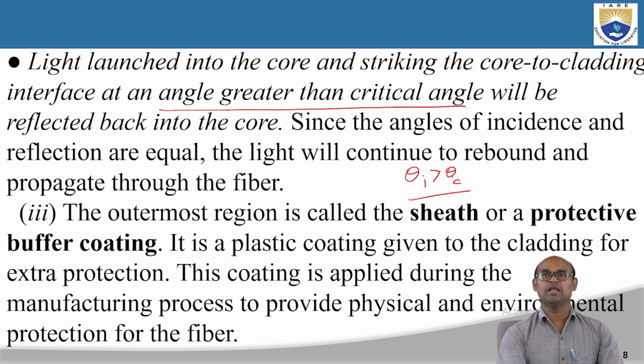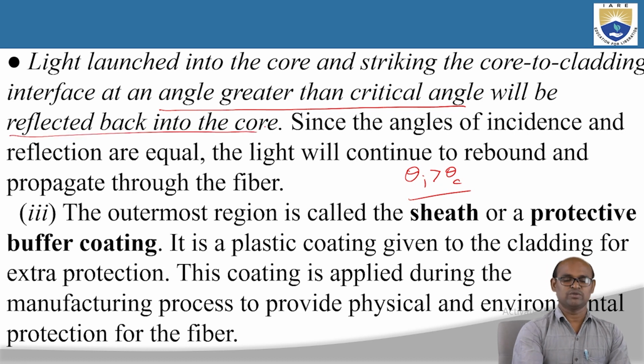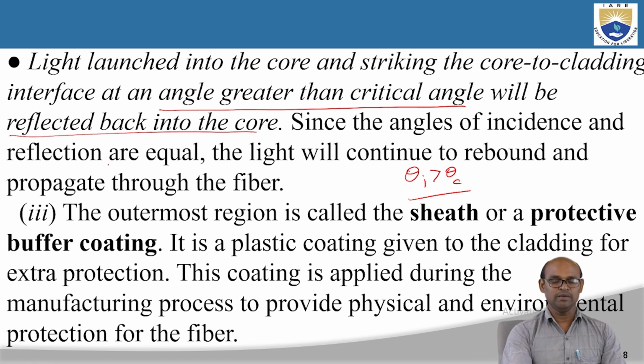We don't yet know what this critical angle is, but it is clear that only when the angle of incidence theta I is greater than the critical angle will the light be reflected back into the core, giving total internal reflection. The angle of incidence and reflection are equal, and the light will continue to rebound and propagate down the fiber. Once light undergoes total internal reflection, there will be continuous total internal reflection throughout the fiber because the angle of incidence and angle of reflection will be equal.